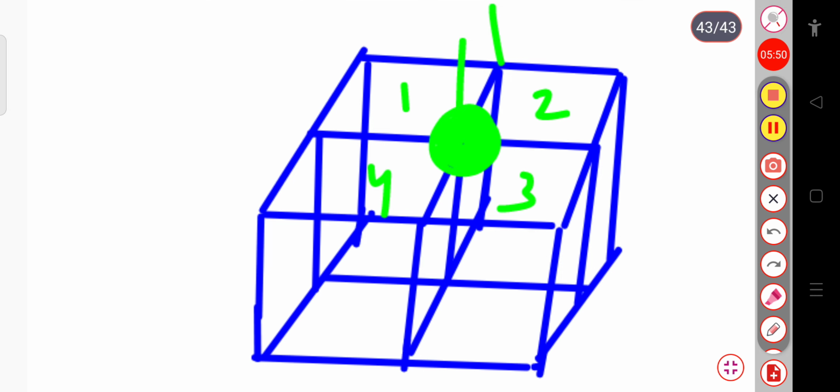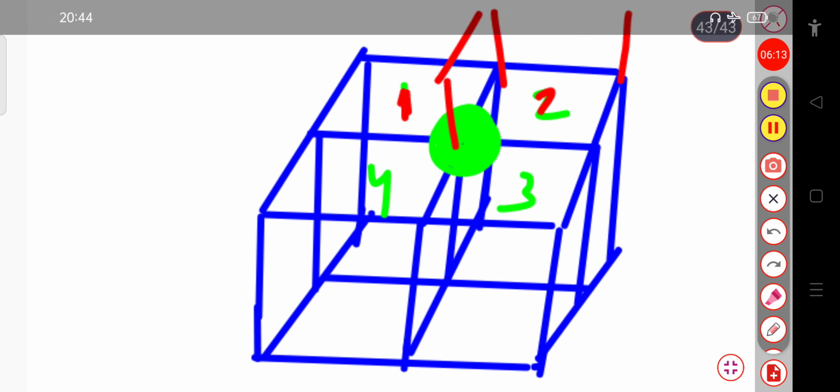if I extend this line, now you can imagine just above the one cube, another cube is present. Just above the 2 cube, another cube will be present. Just like this.